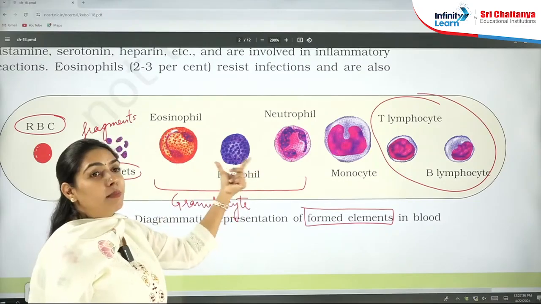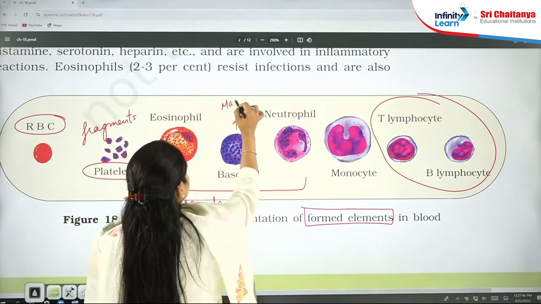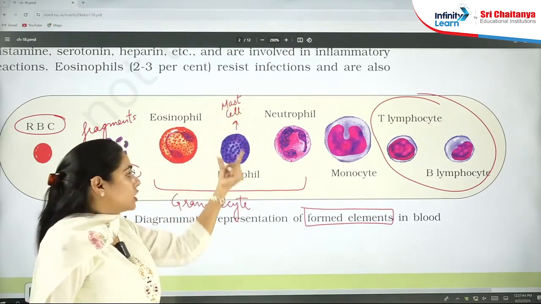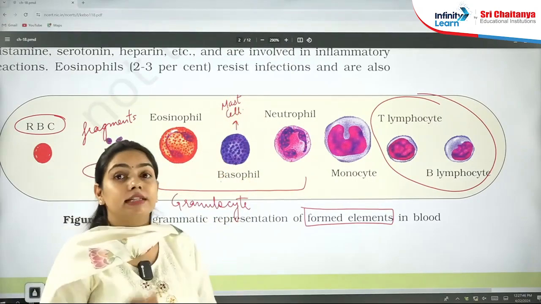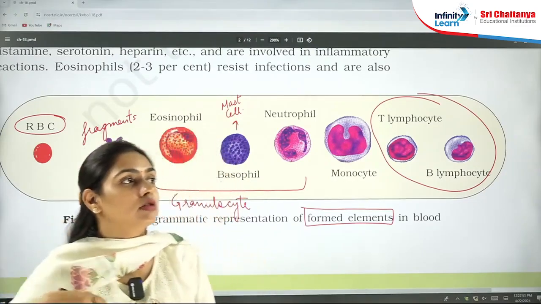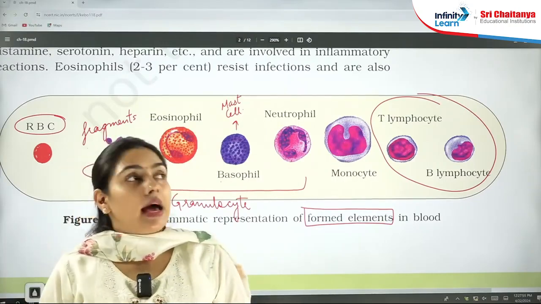Basophils are just like mast cells, beta. You know the function of mast cell, it is the same function of the basophil. It also secretes histamine, serotonin and heparin.